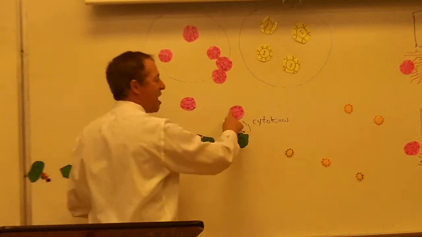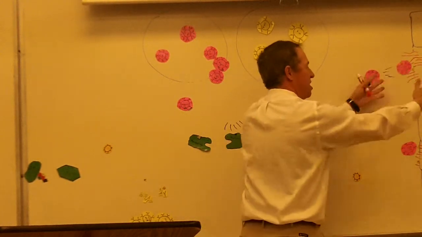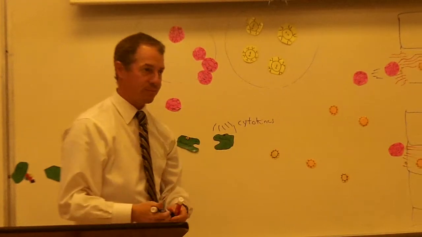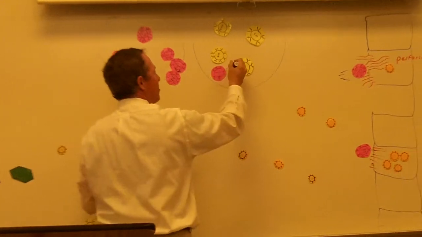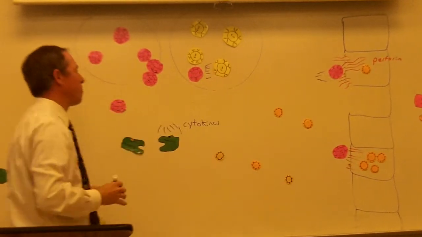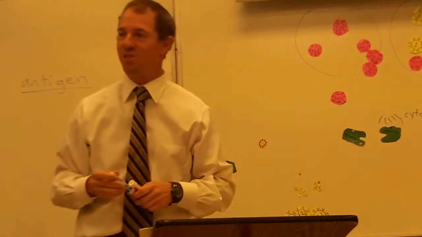They'll spray cytokines onto the killer T cells, and the killer T cells will multiply. And they'll spray cytokines onto the B cells and help the B cells multiply. We'll talk about the B cells in just a minute.